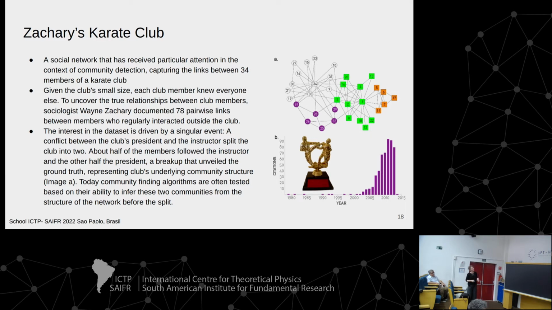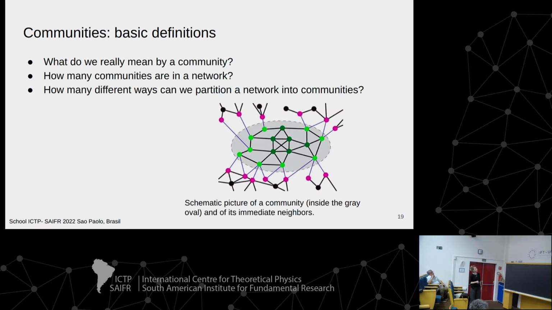And so this is the structure. And today, community finding algorithms are often, as I said, based on studying this model, because it's a very easily treatable model in terms of the number of nodes. So here I leave, for those that have never worked with communities, some notions.